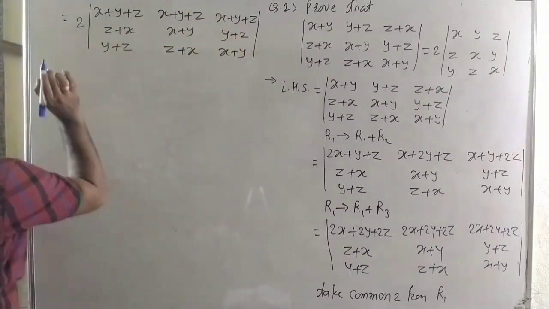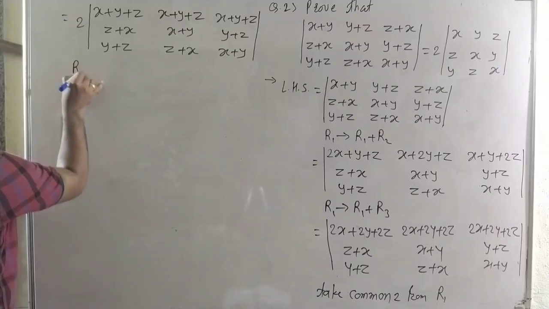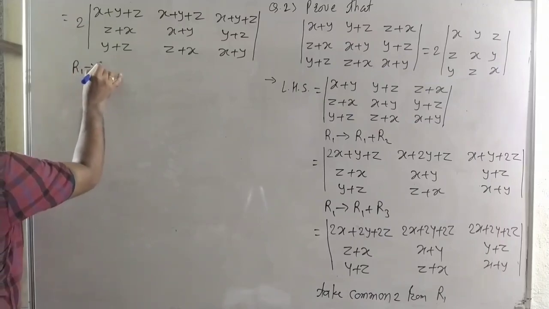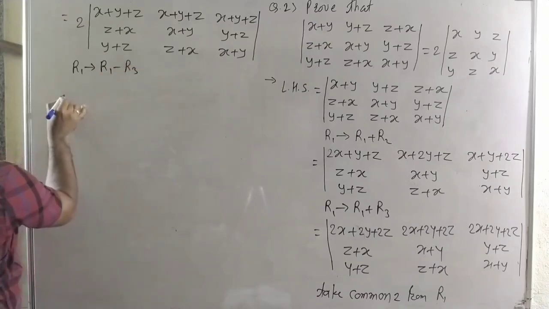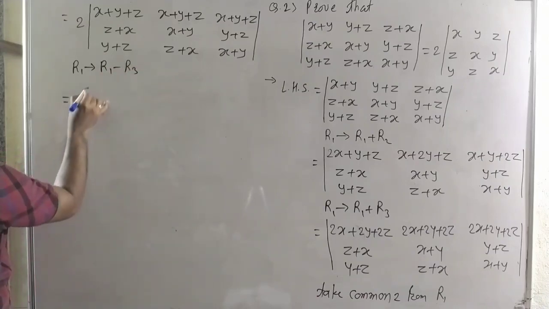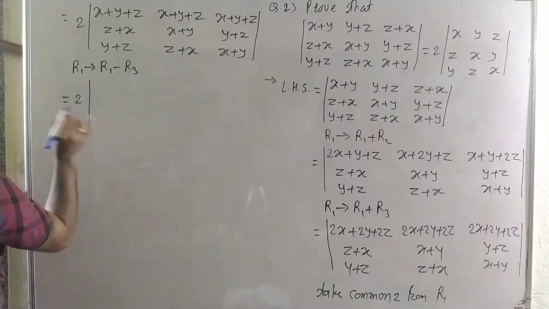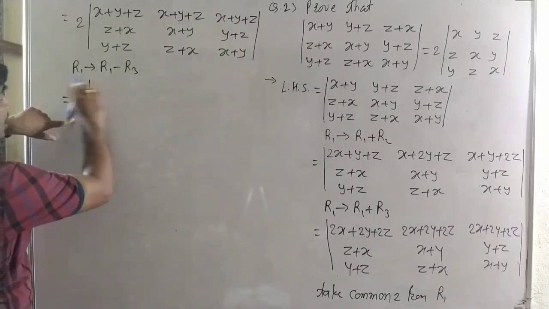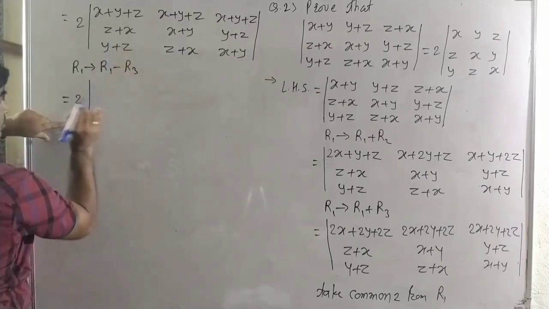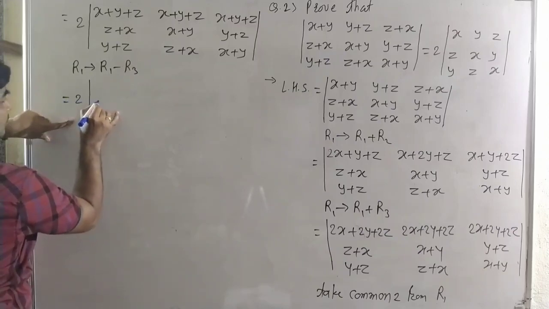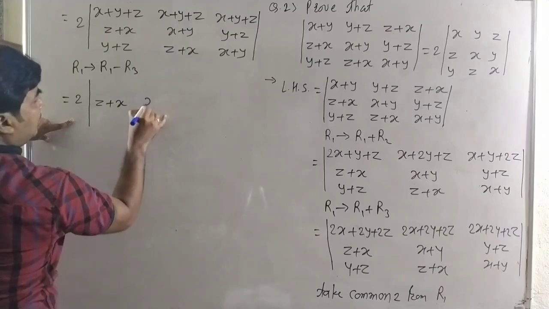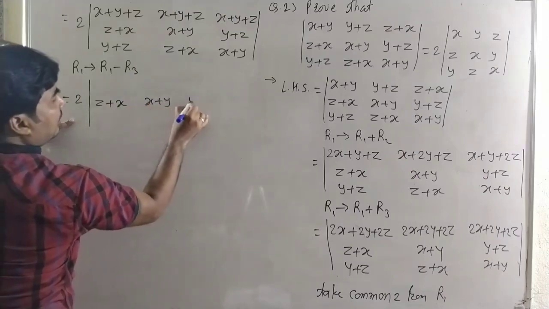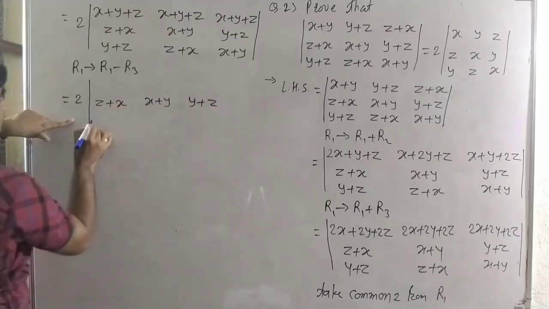Okay, see carefully. We transform R1 minus R3. Then we get a 2 into determinant of. See carefully the calculation. We change only R1, R2 and R3 as it is. We can write first R2 and R3. Here it is z plus x, x plus y, and y plus z. It is R2.